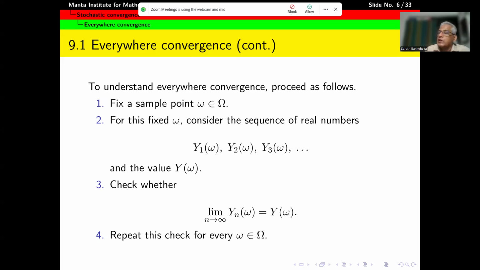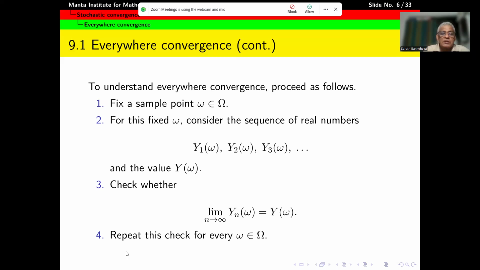And also find out the value of y omega for some random variable that is mentioned or assumed, y omega, right? So check now whether this sequence of y1 omega, y2 omega up to yn omega converges to y omega as n goes to infinity, right?